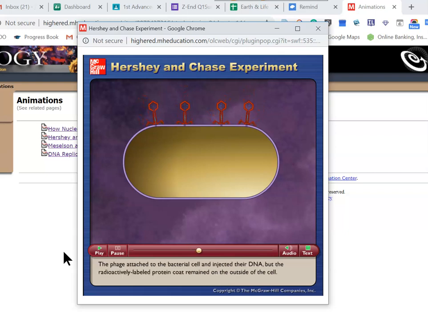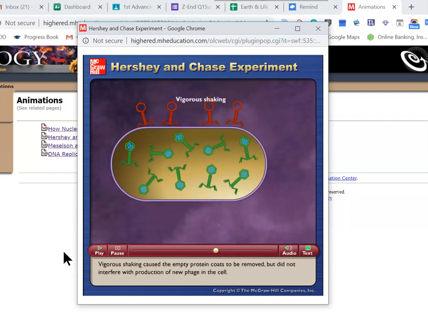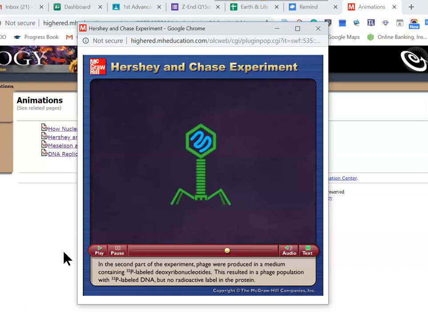The phage were then allowed to infect the bacteria. The phage attached to the bacterial cell and injected their DNA, but the radioactively labeled protein coat remained on the outside of the cell. The phage produced in these cells contained no radioactivity. Vigorous shaking caused the empty protein coats to be removed, but did not interfere with production of new phage in the cell. In the second part of the experiment, phage were produced in a medium containing P32 labeled deoxyribonucleotides.